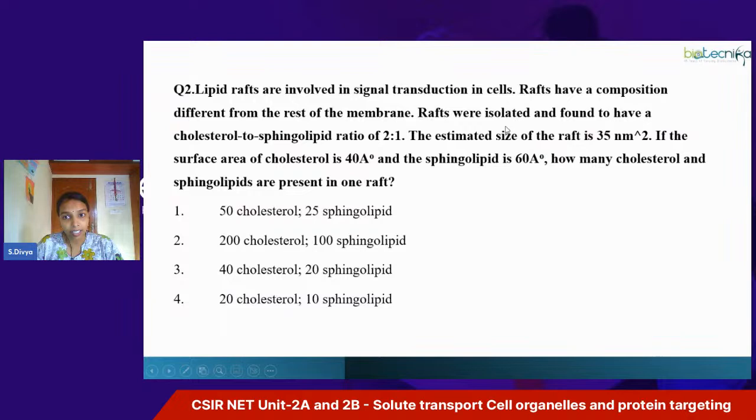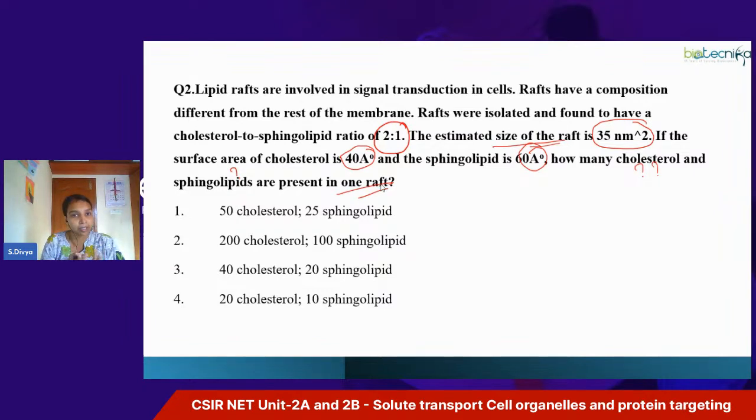Rafts, when isolated, are found to have a cholesterol to sphingolipid ratio of 2 to 1, and the estimated size of the raft is known to be 35 nanometers square. Now, if we take the surface area of cholesterol as 40 angstrom square and sphingolipid as 60 angstrom square, you need to identify how many cholesterol and sphingolipid molecules are present in one raft.